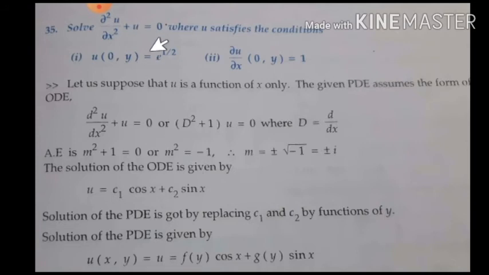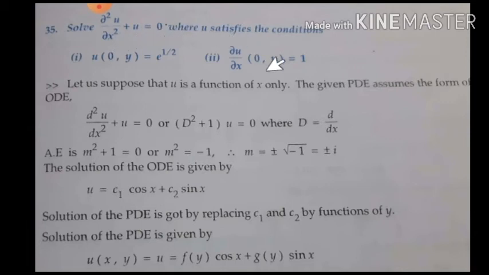Now apply the condition. Here the difference is, in previous problems the conditions used to be given in wordings, but here the conditions are given in terms of notation. u is a function of x and y, and u is e to the power of half when x is 0.